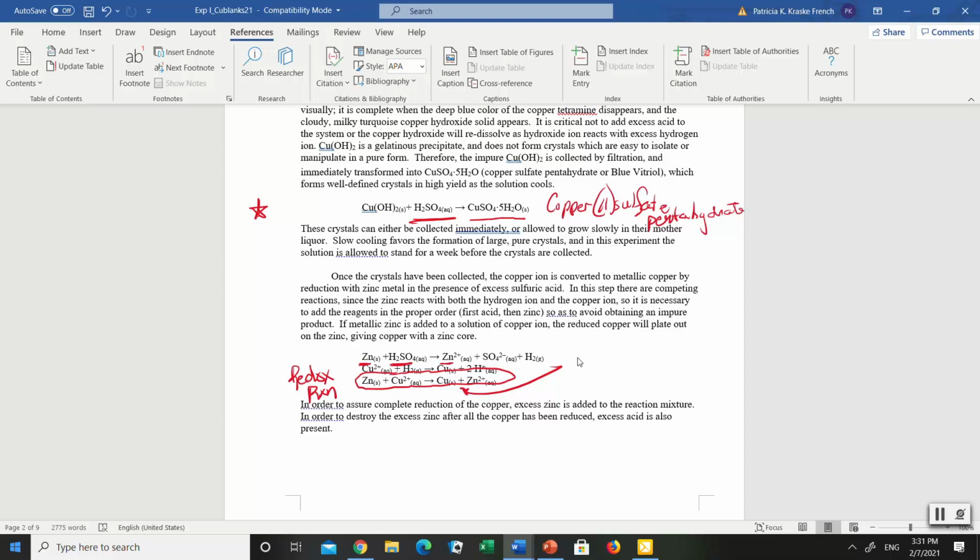Once you have reduced all the copper 2 plus, you can go ahead and filter it, dry it, and you've got your copper. Because we're doing this all very rapidly instead of over a period of time, we're not going to get nice looking crystals or a nice looking piece of metal out of this. You're going to get something that kind of looks like dark brown dust. But it's copper. Got to trust me on that.